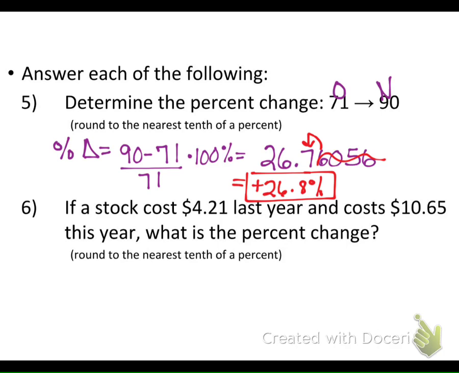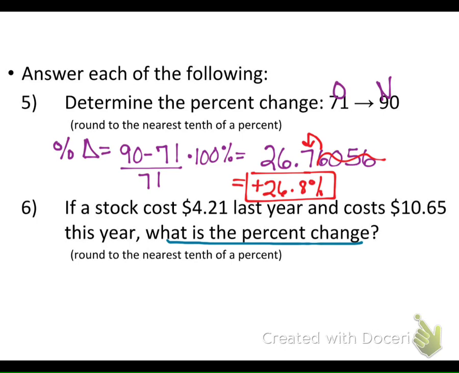Okay, number 6. If a stock cost $4.21 last year and now costs $10.65 this year, what is the percent change? So what am I using to solve this? What notes am I going to use?